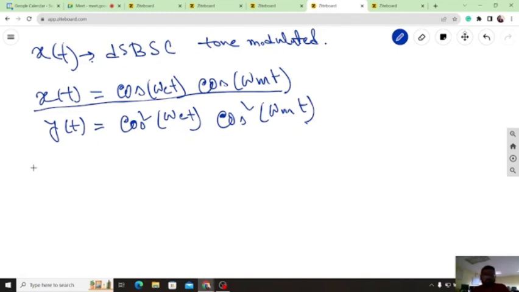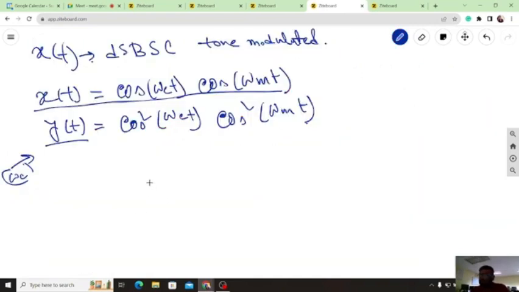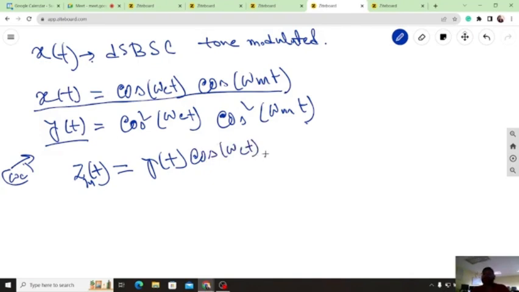If this y t is getting multiplied by a frequency omega c by a multiplier, demodulated, what will be the output of the multiplier? It will be z of t, which is y t multiplied by cos omega c t. So this is equal to cos cube omega c t into cos square omega m t.